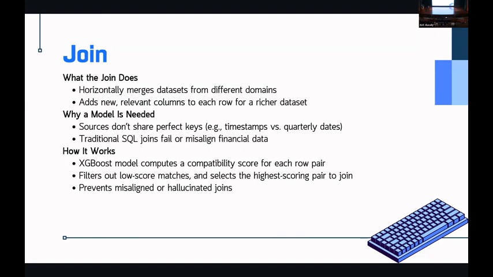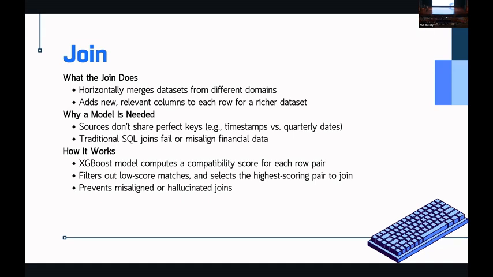Now that we have passed the union stage, we have vertically combined the single domain datasets into one. The next challenge would be that we want to connect multi-domain datasets into a single one. So that's where the join comes in. The purpose of the join is that we want to horizontally combine the 2 datasets.